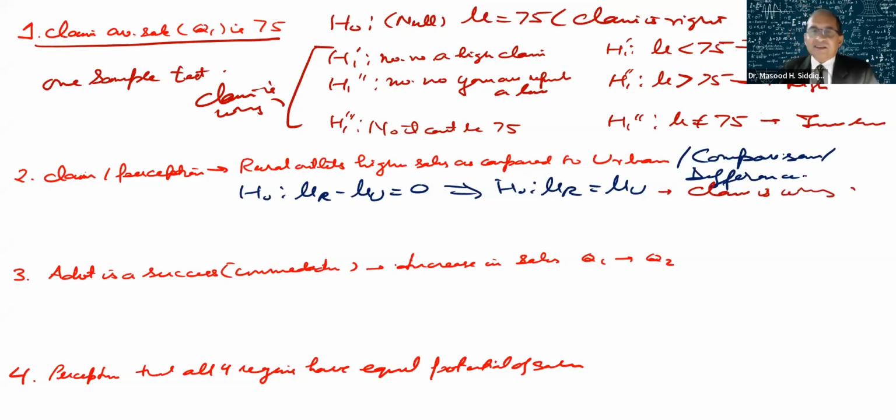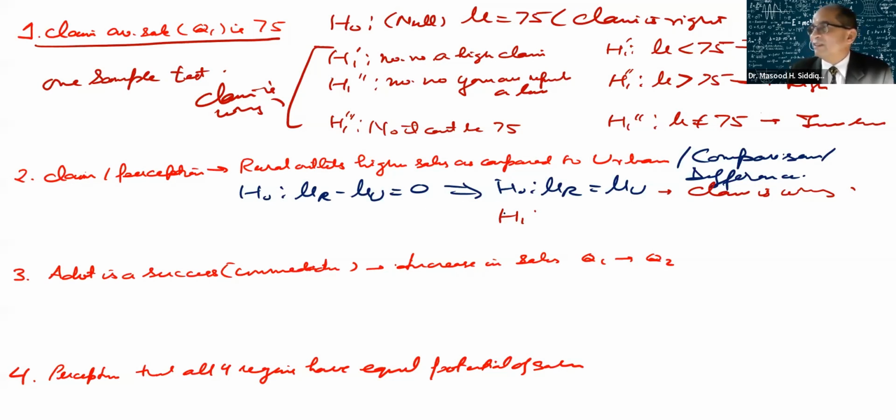So the hypotheses are not being made as per the claim. Hypotheses consider both things, the claim as well as the concept. Since H naught assumes no difference, H naught should be mu R equals mu U. So mu R is the average sale of the rural area and mu U is the average sale of the urban area.